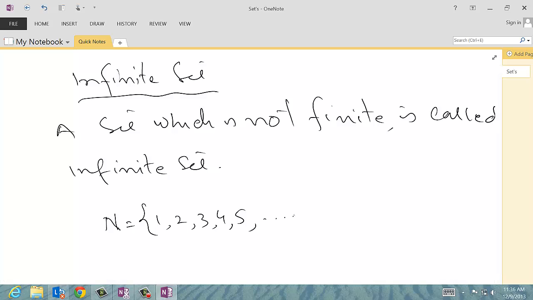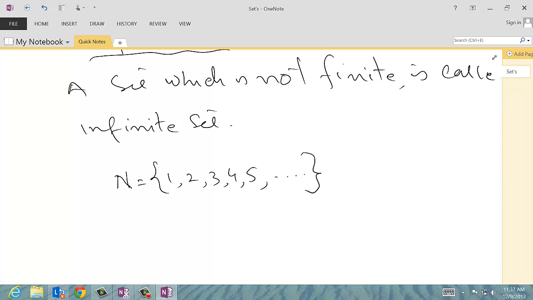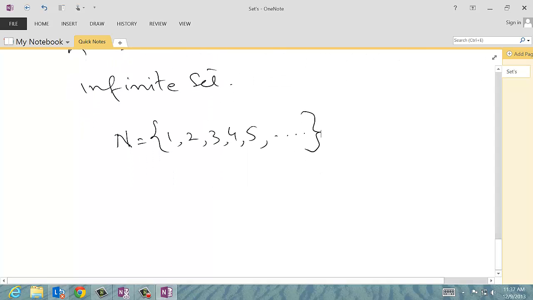There is 100, then there are thousands, then there are millions, then there are billions, then there are trillions, and it keeps going on. So when there is no end, that is called an infinite set. And well, we can talk also about countably finite or countably infinite sets, but let's leave that term for some later discussion. And let's carry on to the next term, and that is a subset.